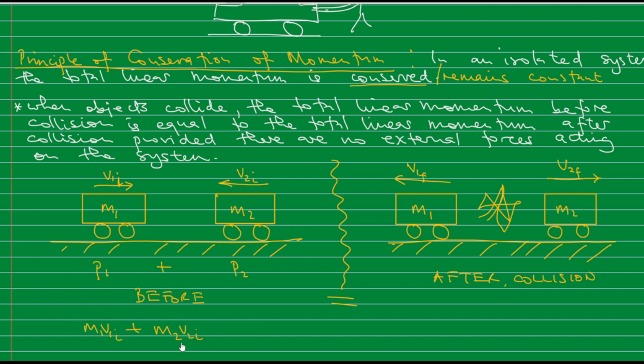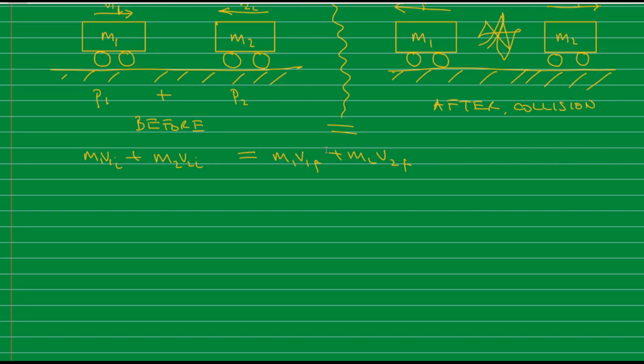So the total momentum before collision will be equal to the total momentum after collision, which is M1 V1 final plus M2 V2 final. That gives us the formula for the principle of conservation of momentum.